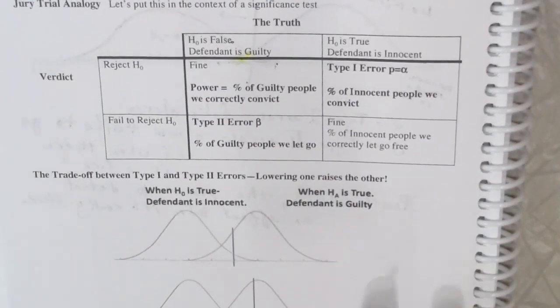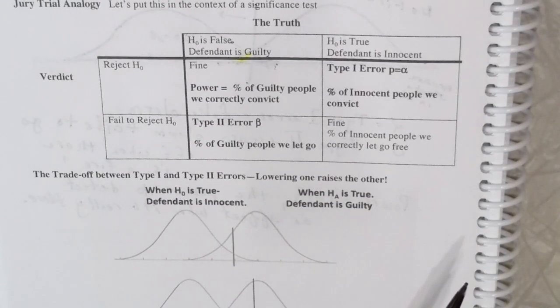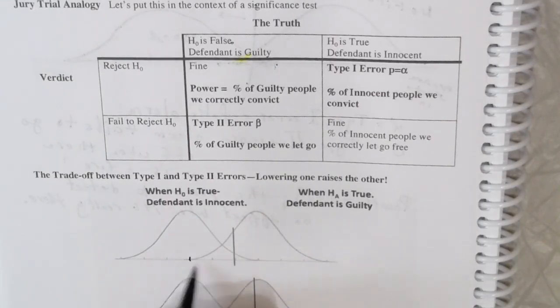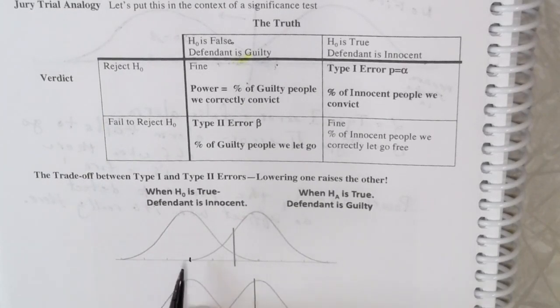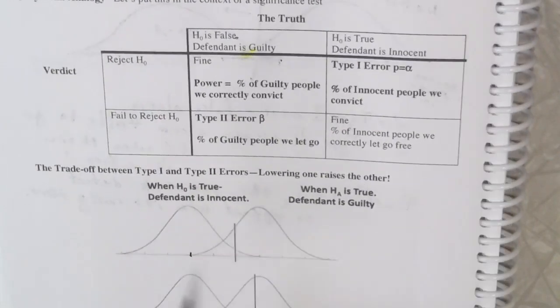So here's another analogy that might help you, and this is the jury trial analogy. Let's say this axis here would be evidence for whether or not the defendant is innocent or guilty. So let's say for the innocent people, there's a distribution here. There's sometimes a lot of evidence against innocent people just because of bad luck.